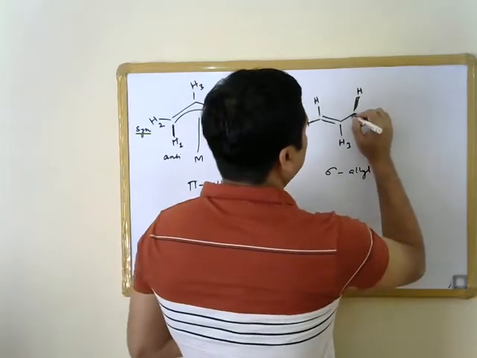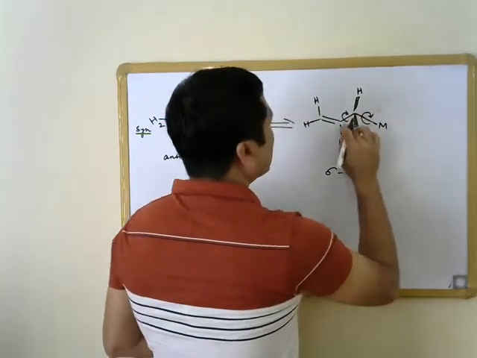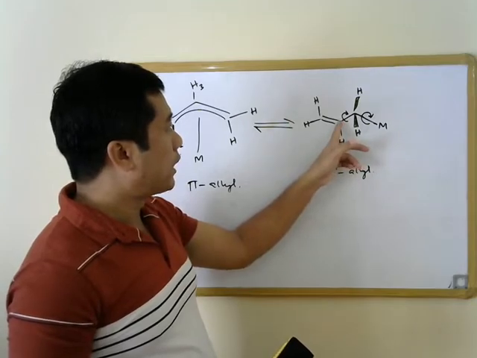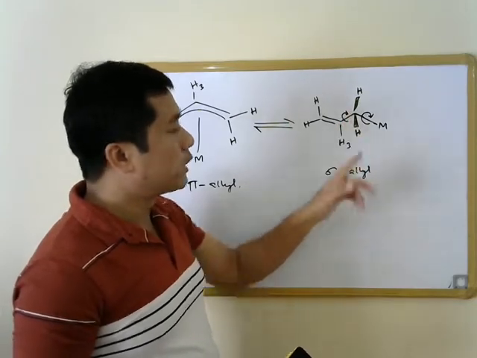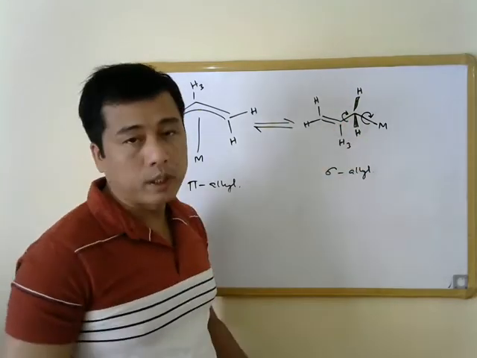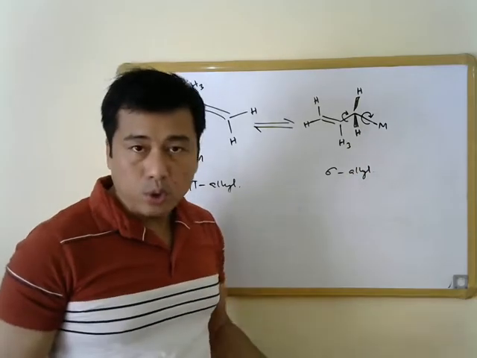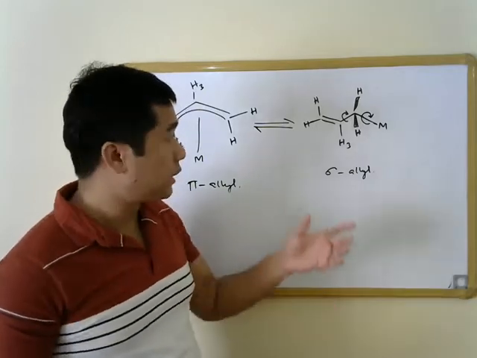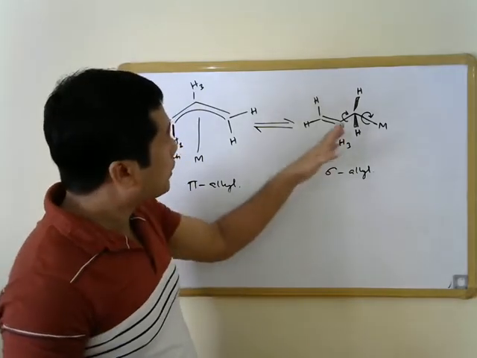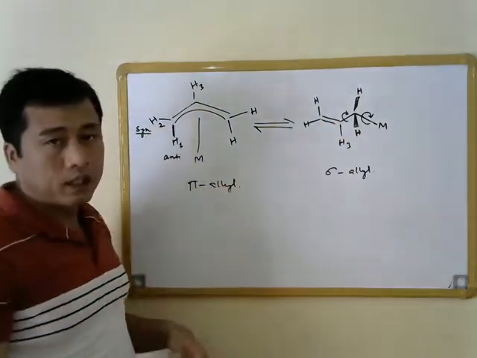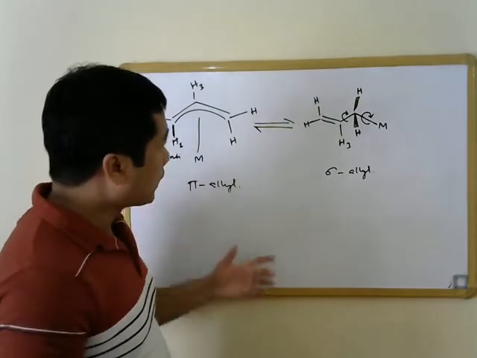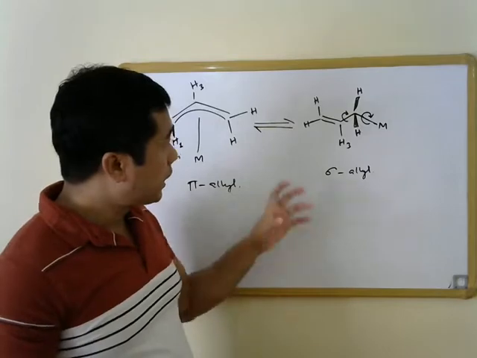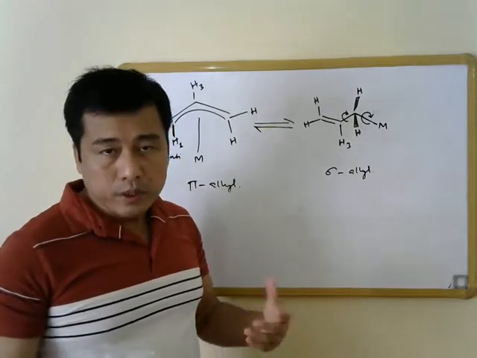The CC bond between the central carbon atom and the terminal carbon atom attached to the metal center can also freely rotate, as there is no barrier of rotation for this bond either. So both of these hydrogen atoms, which were earlier non-equivalent, now lose their distinction, and both are now equivalent in nature.